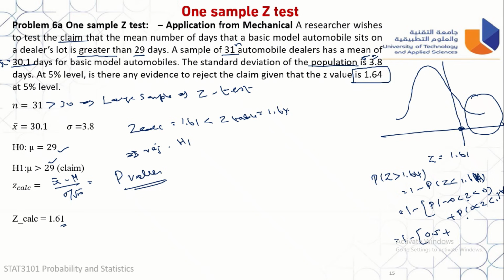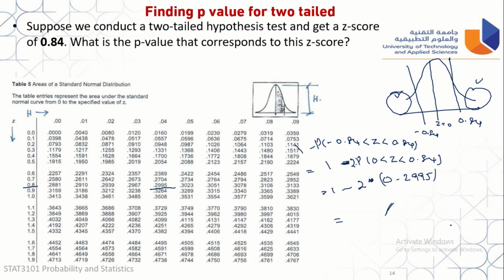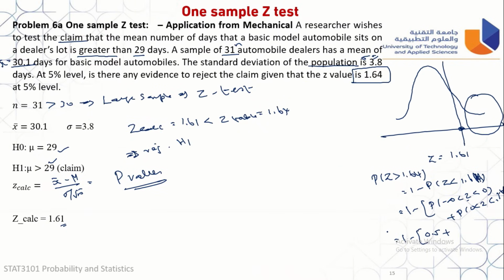What is that probability? For 1.61 it is 0.4463. So it is 1 minus 0.9463.